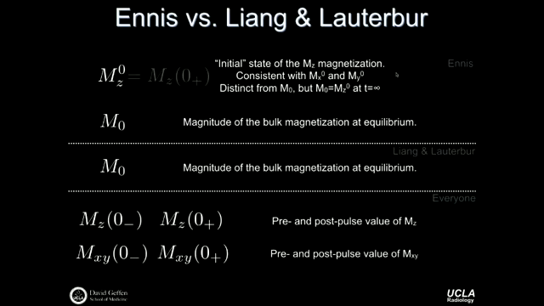Now, we can change the value of MZ0 by pulses that were played beforehand, right? It's not that MZ0 is in some ways a constant. It depends on the history of how we entered into a particular state. And I like it because it's consistent with talking about an initial condition for the transverse magnetization as well. That's why I use this nomenclature. And it's distinct. We want to make a distinction from M0, but M0 is equal to MZ0 as time goes to infinity.